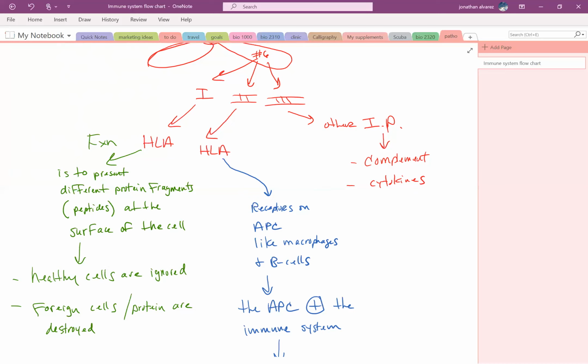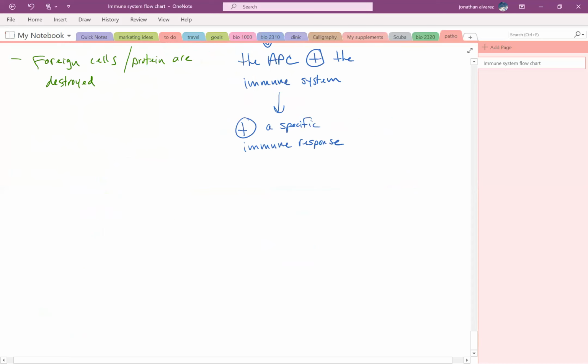Okay. So we have to draw a picture of the T cell. Okay, so there's that antigen. We broke it down. Okay, take it to the surface.